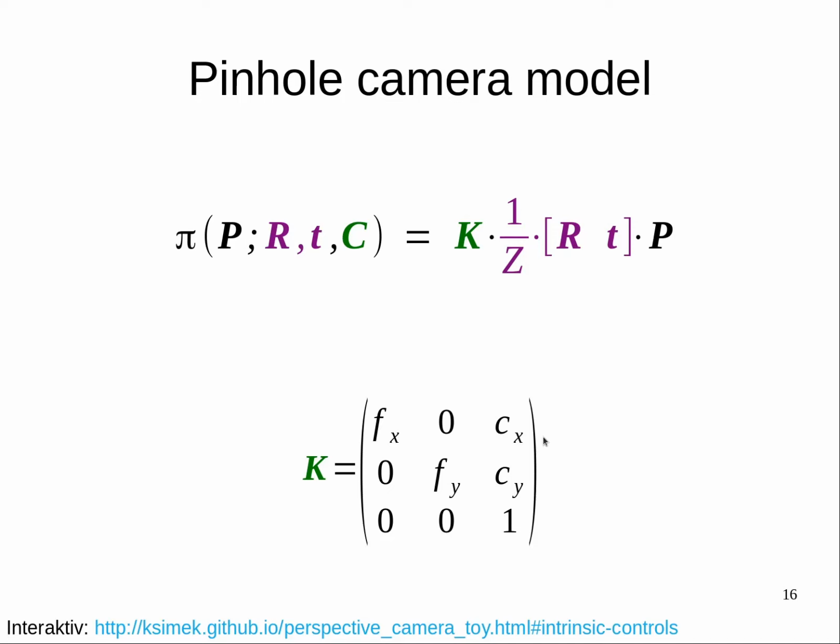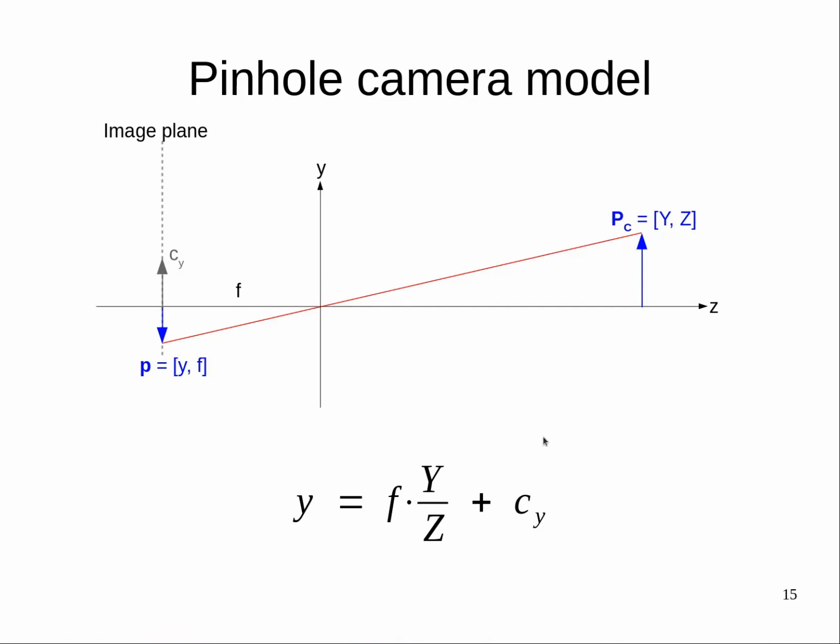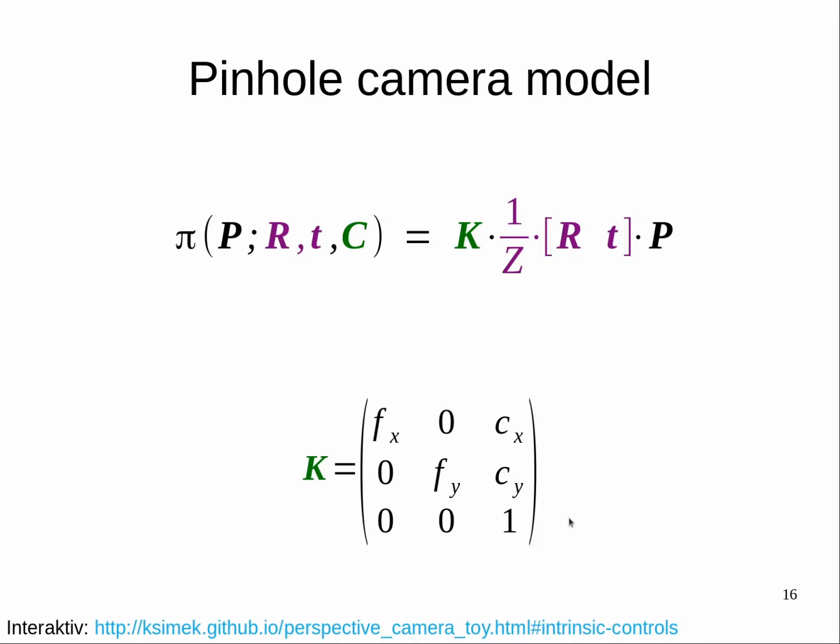And if I go back one slide, this is exactly what we did with Y. So imagine we are talking about X. Now it's Fx times X divided by Z plus Cx. This would be this row, and for Y it's exactly what you've seen on the last slide.